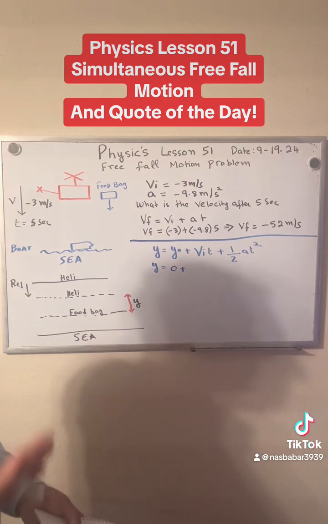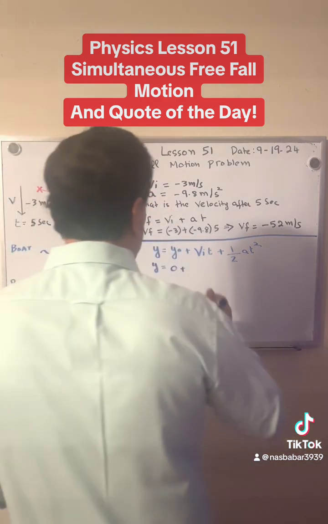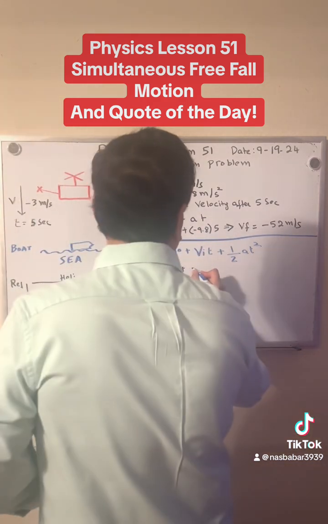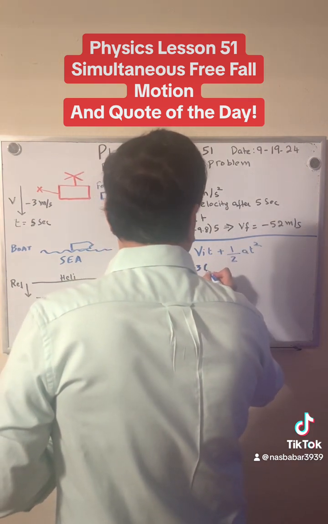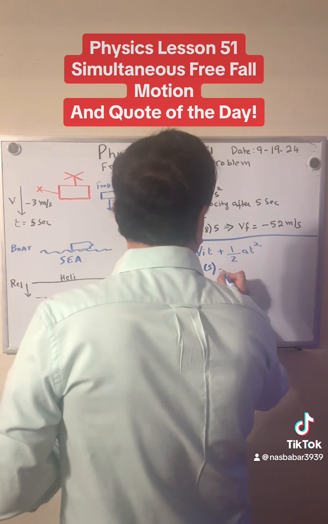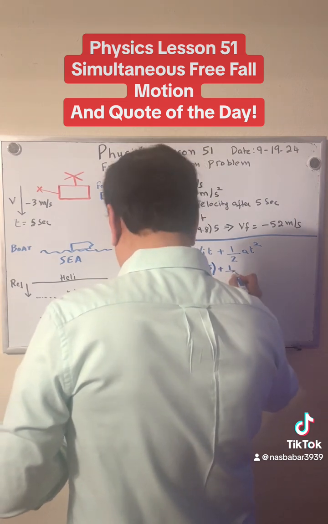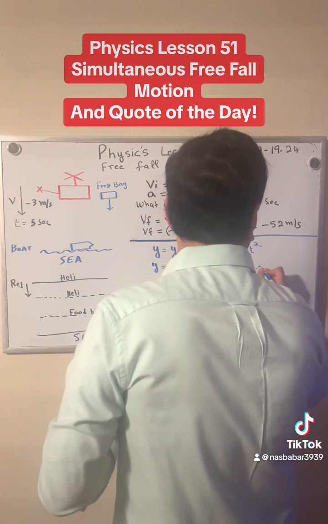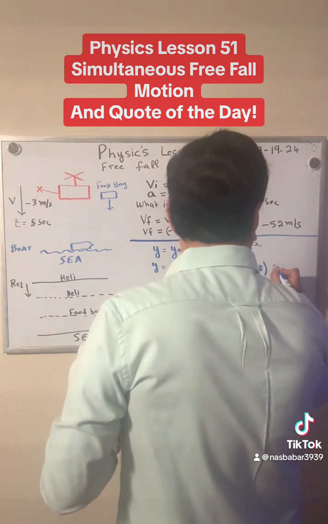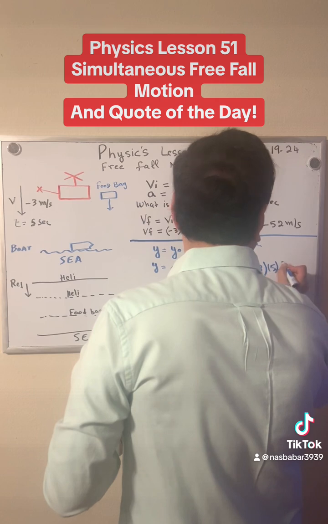Initial velocity is the same as the helicopter, which is -3, okay? Time is 5, so multiplied by 5, plus half, minus 9.8, and the time is 5 squared, okay?